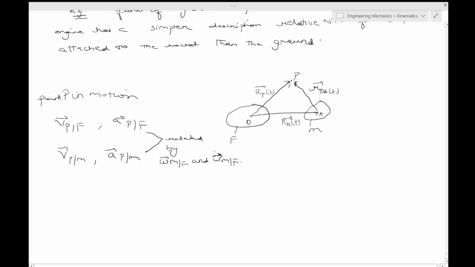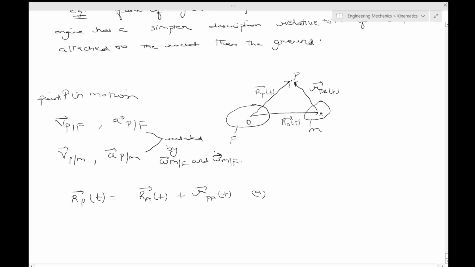Okay, so that should give us R_P of t is equal to R_A of t plus R_PA of t. Okay, this can be called equation A.